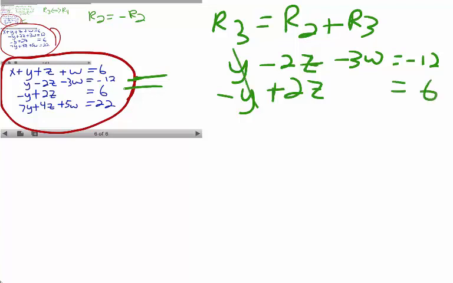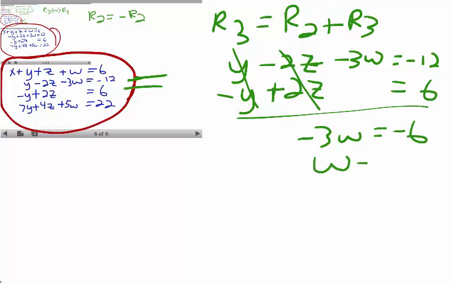Our y's cancel, our z terms cancel. We're left with negative 3w equals negative 6. So we know that the value of w is equal to 2. And now we can substitute this value back into our system.